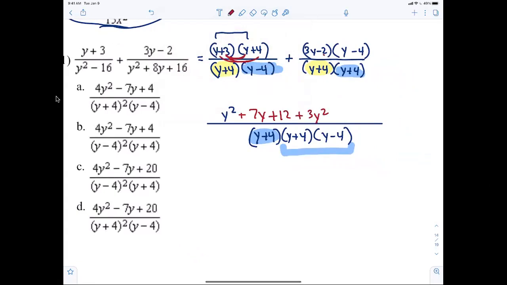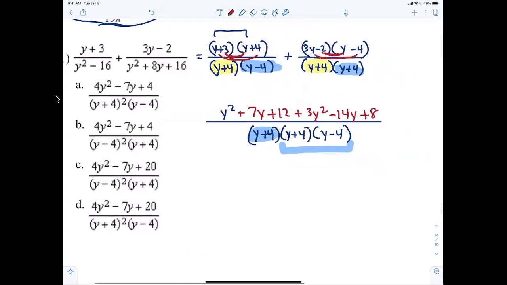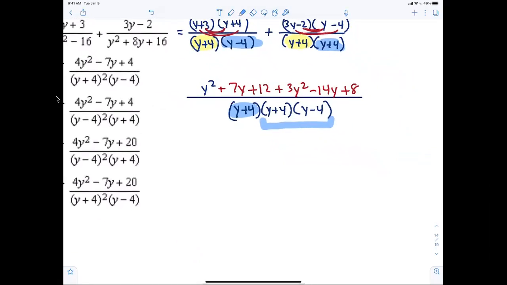Plus negative 2, minus negative 12, minus 14y, and then plus 8. And then altogether that's 4y squared minus 7y. So 4y squared minus 7y plus 20, all over that common denominator.